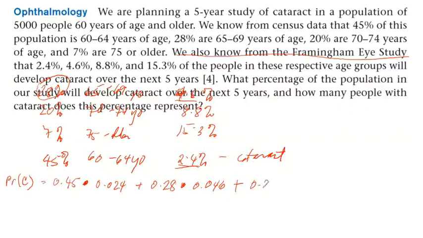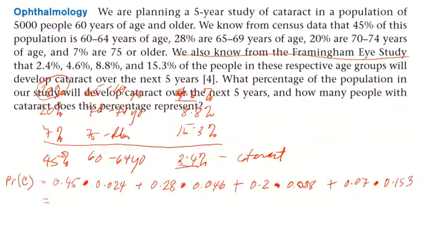It's 0.2 times the probability of getting cataract, 8.8%. And then plus, in the last age group, there's 7% of them in our sample. And the probability of getting cataract in that age group is 15.3%.